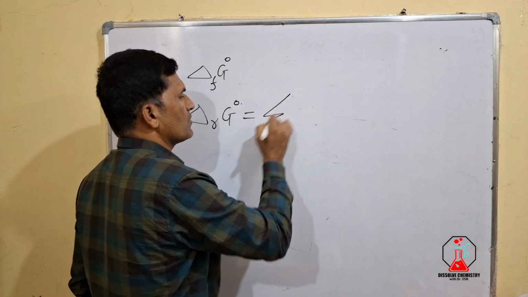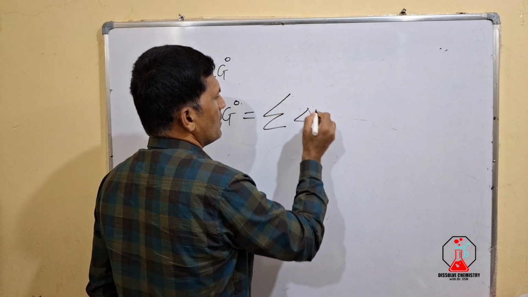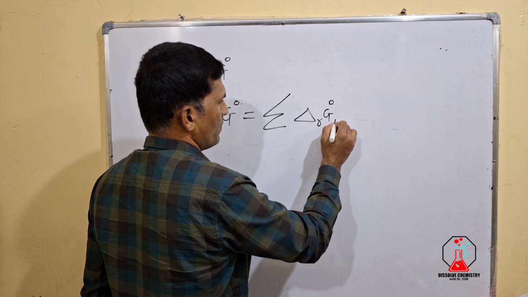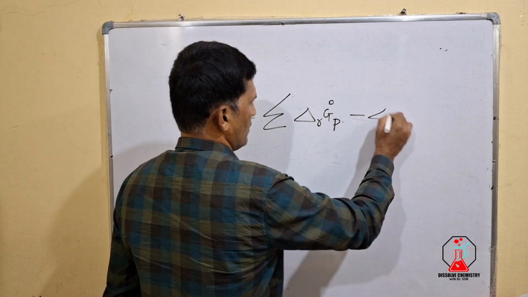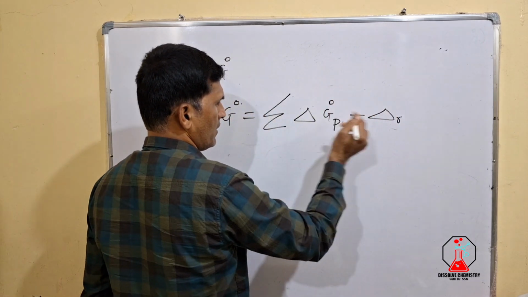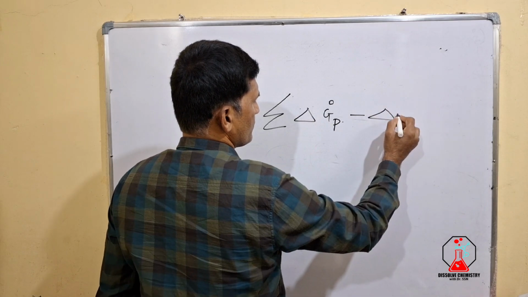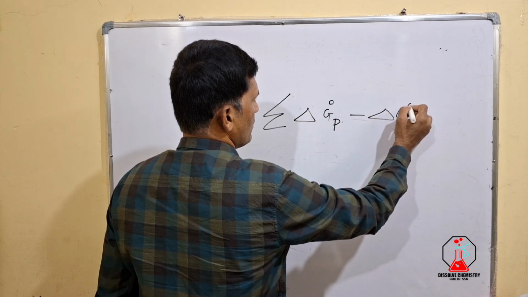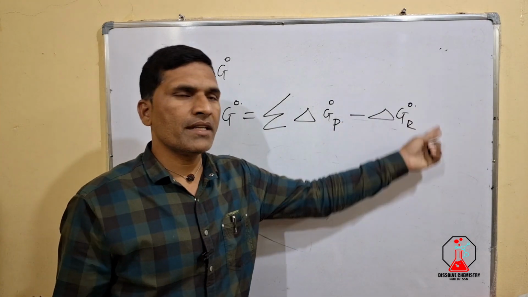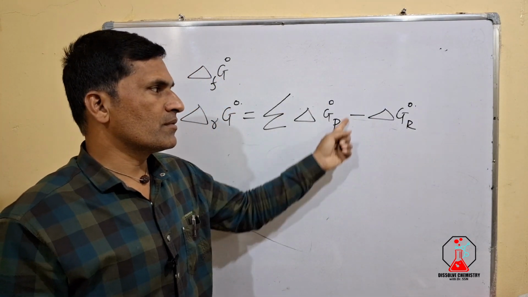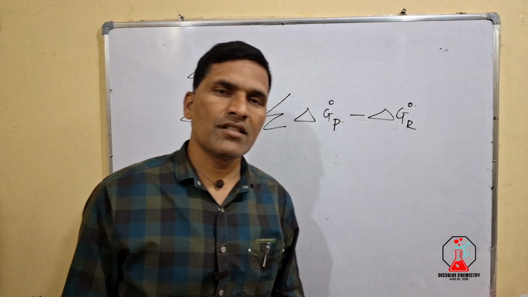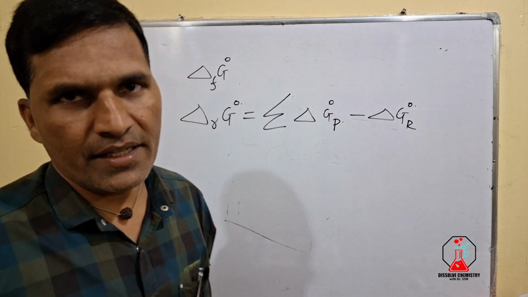Mathematically, we show it like this: delta_r G naught equals delta G of products minus delta G of reactants. The overall Gibbs free energy of the products minus that of the reactants, the difference, we call the standard Gibbs free energy change for a given reaction.